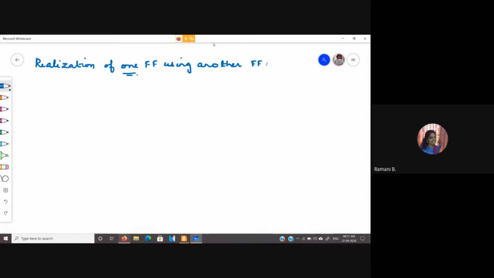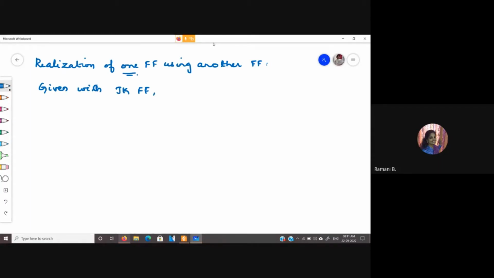So what this implies is you might be given, let us take for example, a JK flip-flop. So you have a flip-flop which has two inputs J and K and two outputs Q and Q bar along with the clock. You want to realize, or construct, a D flip-flop from this.